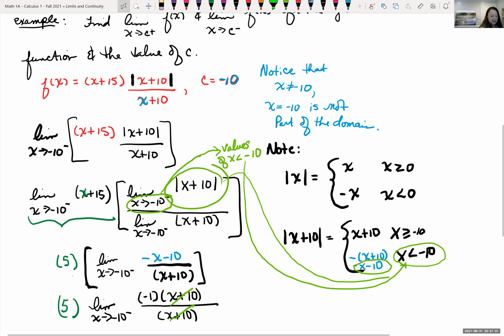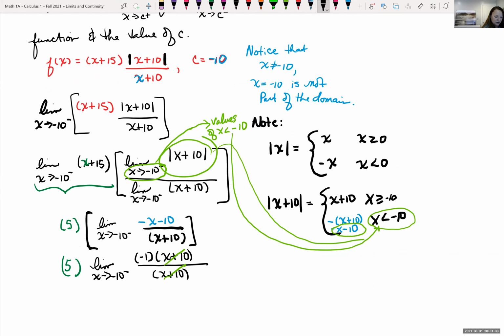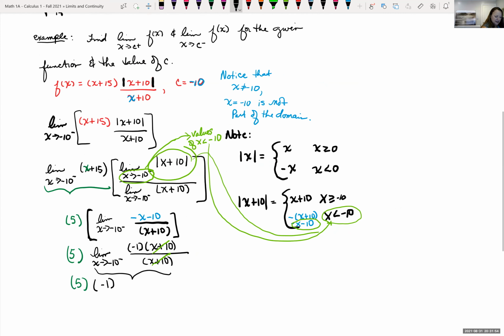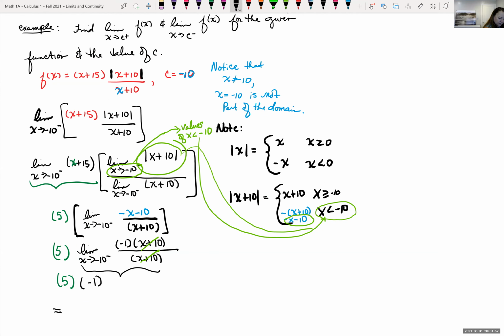And recall, the limit of a constant, which is what we're left with, the limit of the function negative 1, is just that constant itself. So this would just be 5 times negative 1, which gives us what that limit would be if we were approaching from the left, which would give us negative 5.